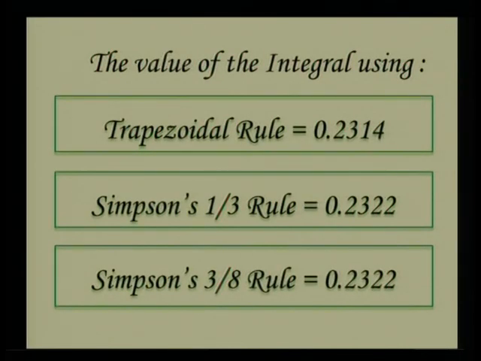Now, why this difference or an approximate difference appears in the results which we have obtained is, in trapezoidal rule we are considering one strip of size h. But in Simpson's 1 by 3 rule, we are considering two strips at a time of width h and h, which becomes 2h.